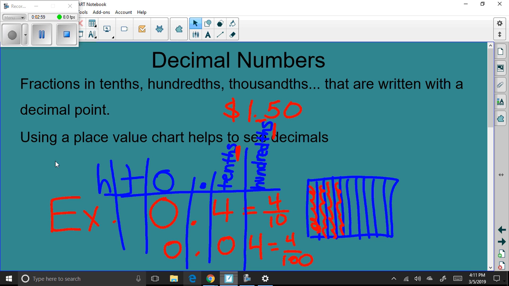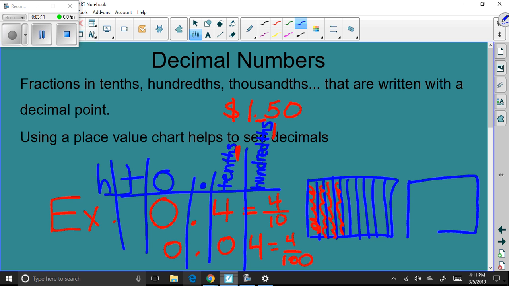And then if I was going to change my picture, I'm not going to change the amount that's shaded. Actually, sorry, I'm going to make a whole new picture. And then I'm going to make some horizontal lines.